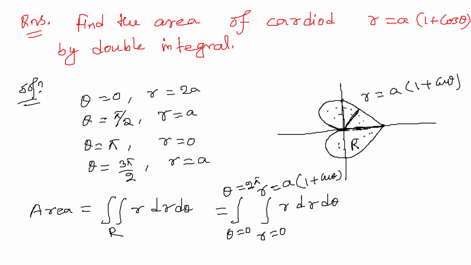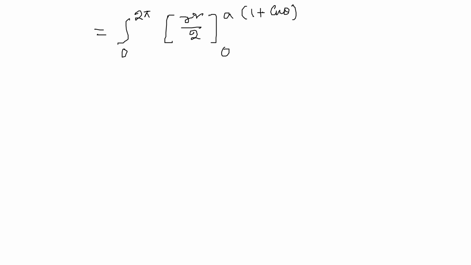Okay, so now you do the integration with respect to r, and next with respect to theta. Integrating with respect to r, you get theta limits 0 to 2 pi, and r square by 2, with r limits 0 to a(1 plus cos theta), d theta.